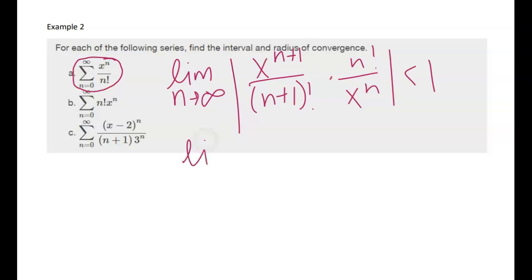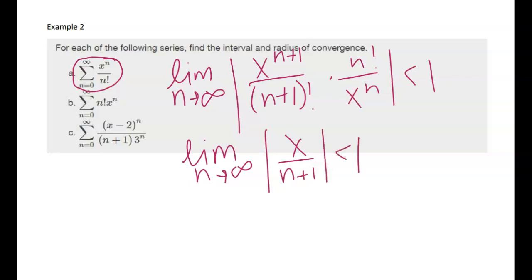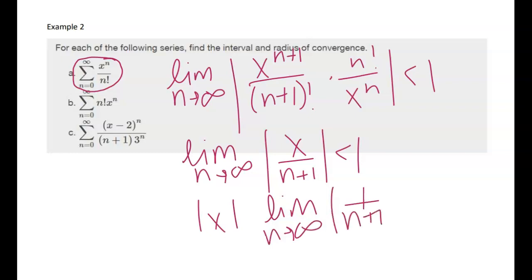That means that I have the limit as n goes to infinity of, I'm left with x in the top, I'm left with n plus 1 in the bottom. Since x no longer has an n with it, I can take the absolute value of x out and just look at the limit as n goes to infinity of 1 over n plus 1. Now that's always positive, so absolute value bars don't really matter.